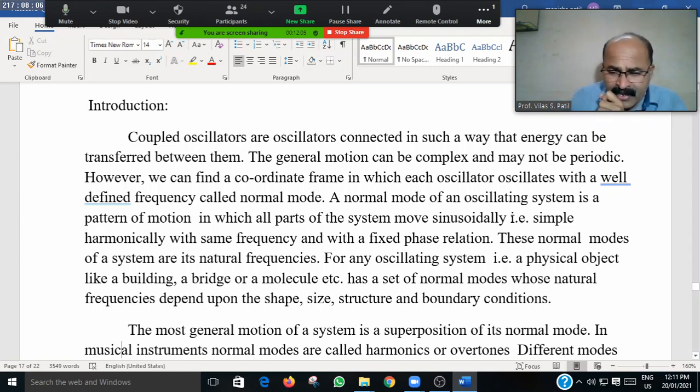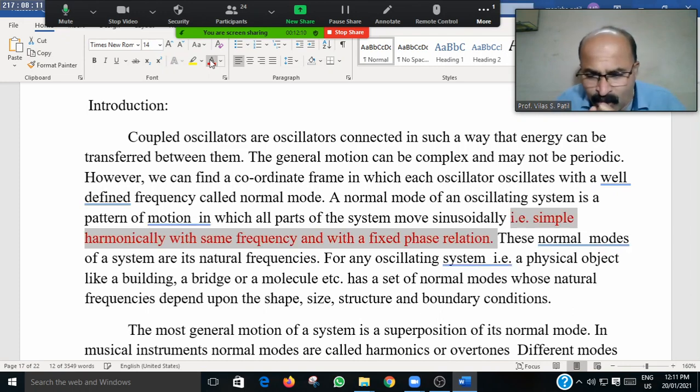Such a motion is known as simple harmonic motion, with the same frequency and a fixed phase relationship. In simple harmonic motion, the phase relationship of the oscillatory motion should be fixed. This is one of the characteristics of simple harmonic periodic motion.